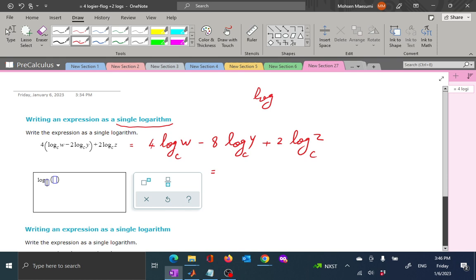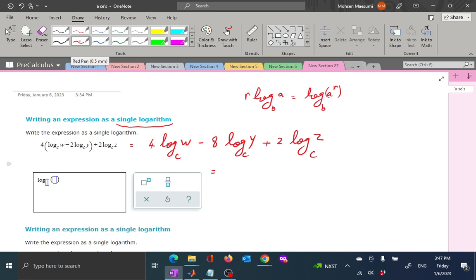So next, you remember, let me write the rule here. Logarithm of, say, a in base b times some factor r here, that's the same as logarithm of a to power of r in base b. Okay, so therefore it simply becomes exponent of w, 8 exponent of y, and 2 exponent of z.